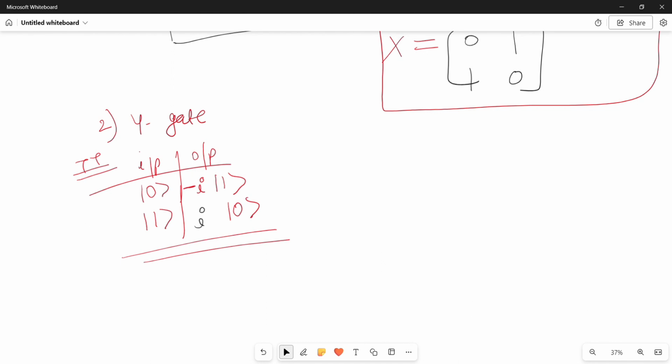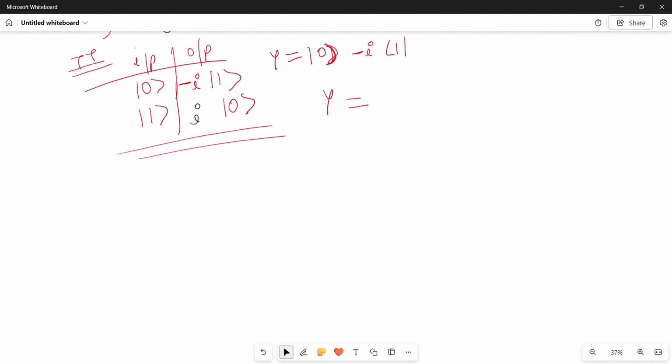Using this truth table, let's now write your outer product. That Y would become ket 0, ket 0 into, what we write, minus I ket 1. So how we can write this simplified version? Ket Y equal to minus I ket 0 bra 1 plus I ket 1 bra 0.